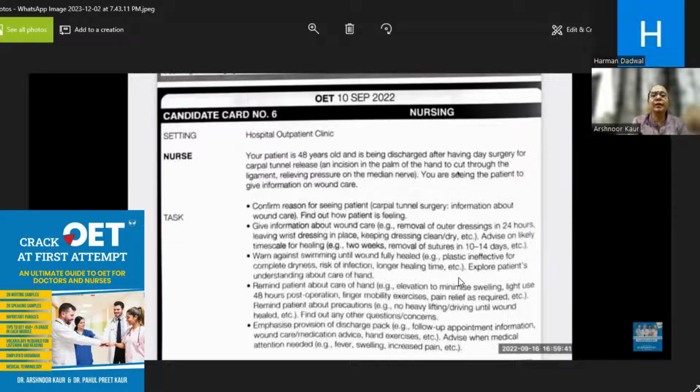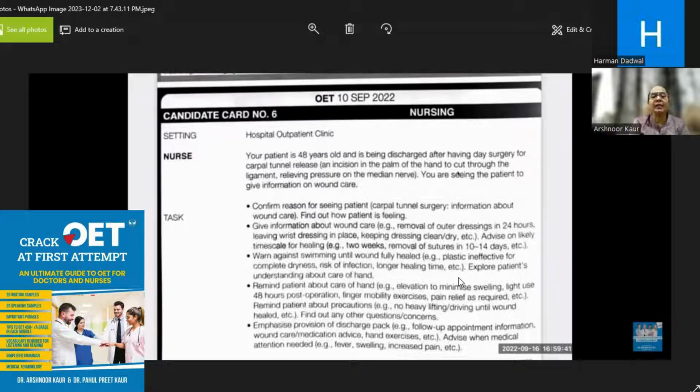This will be the main conversation between nurse and patient, and the patient would ask the nurse, how much time would it take for me to get fully recovered? The nurse may say that it may take 2 to 3 weeks, as a wound of this sort heals in that much time.